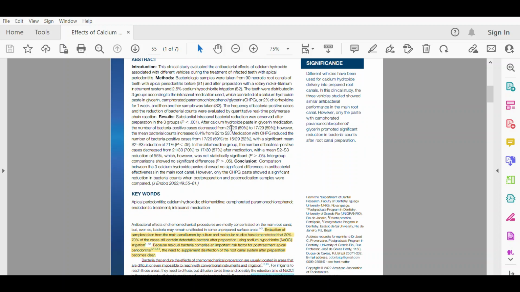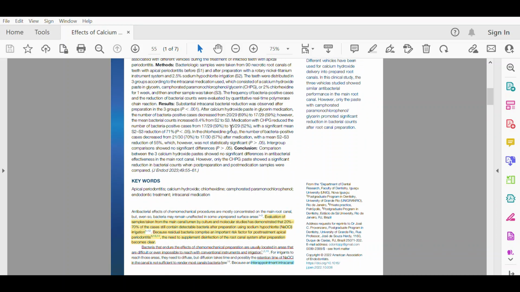The premise of this article is that residual bacteria comprise an important risk factor for post-treatment apical periodontitis. So the need to supplement disinfection of the root canal system after preparation becomes clear. The sodium hypochlorite used in chemomechanical procedures is not retained in the canal long enough to render most canals bacteria-free.